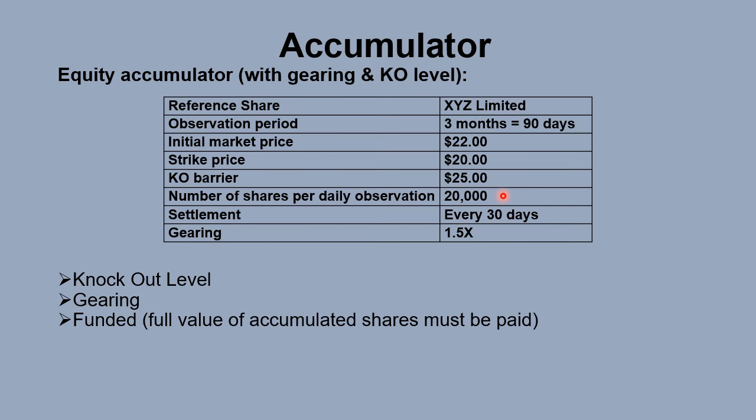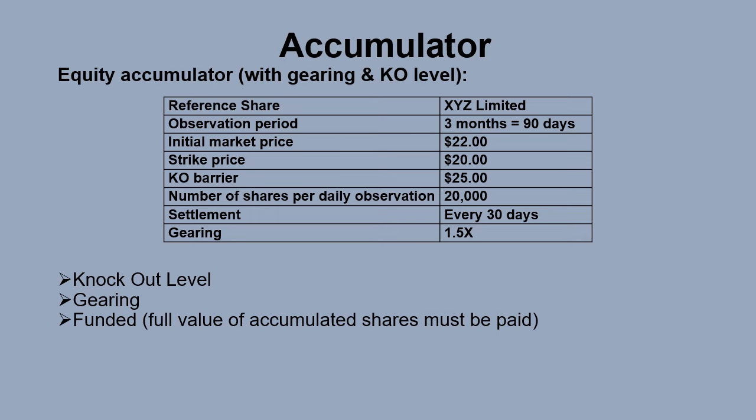Let's presume that this is a funded accumulator where the investor has to pay the full amount for the shares accumulated from time to time. Had it been an unfunded accumulator, the investor would have put a margin or a fraction of the amount for the shares instead of the full amount.